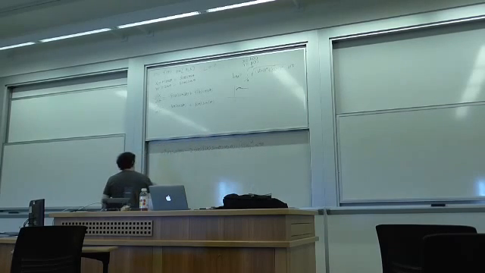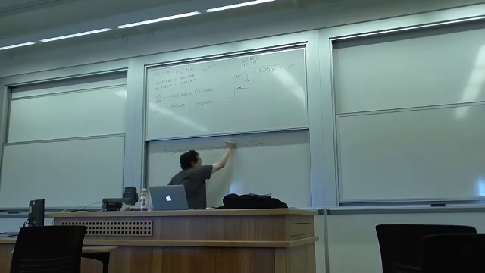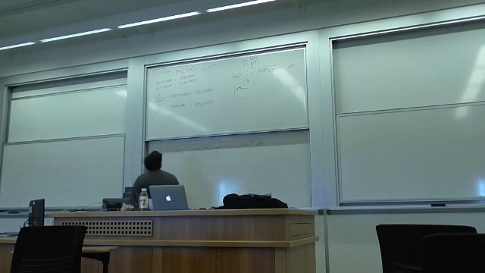Okay, so that's the first piece under the radical. I guess I could kind of draw the radical this way. So the second part is f squared theta cosine squared theta.